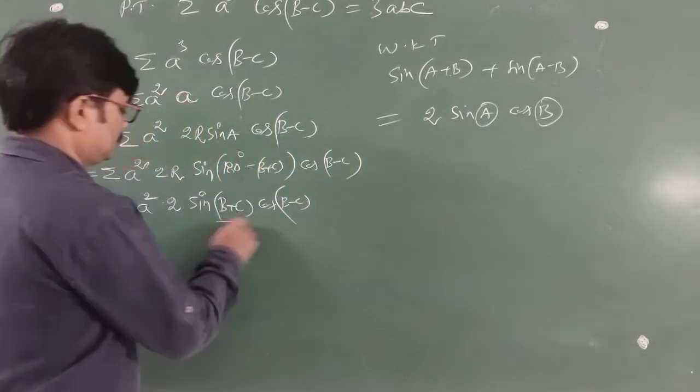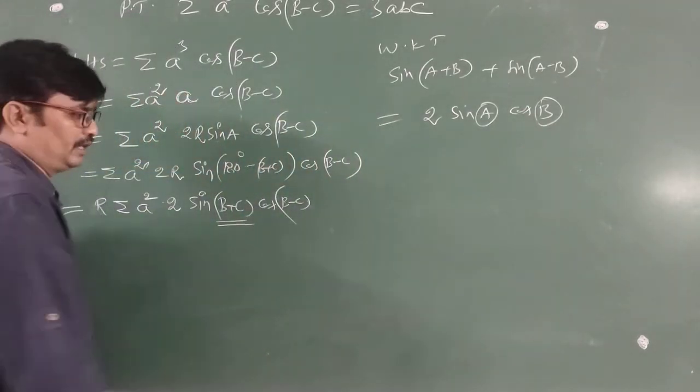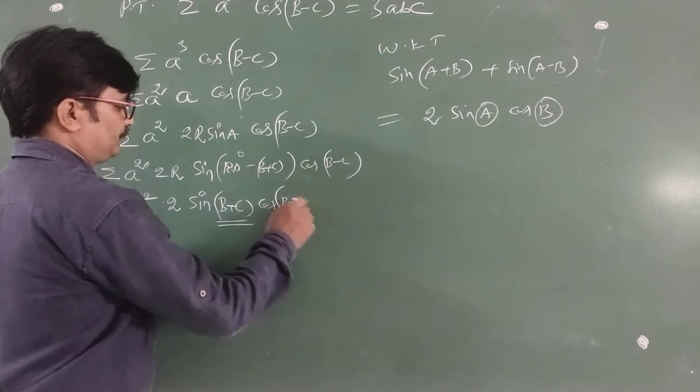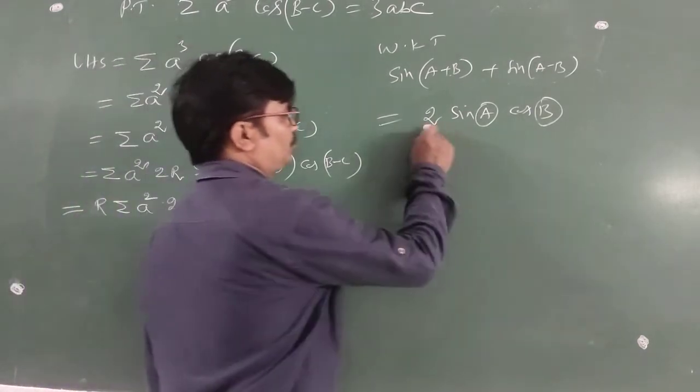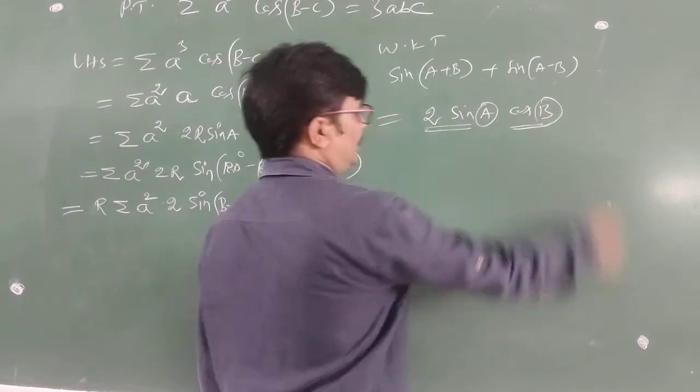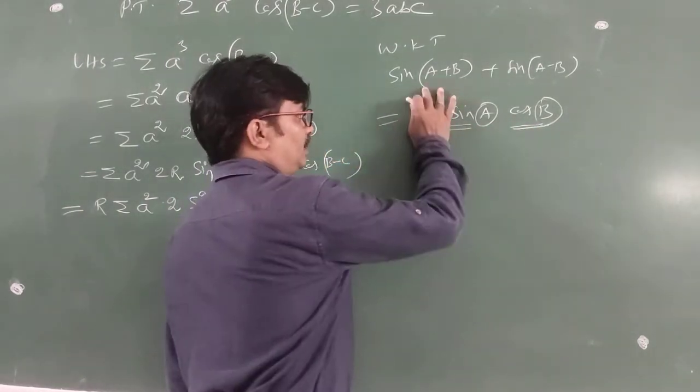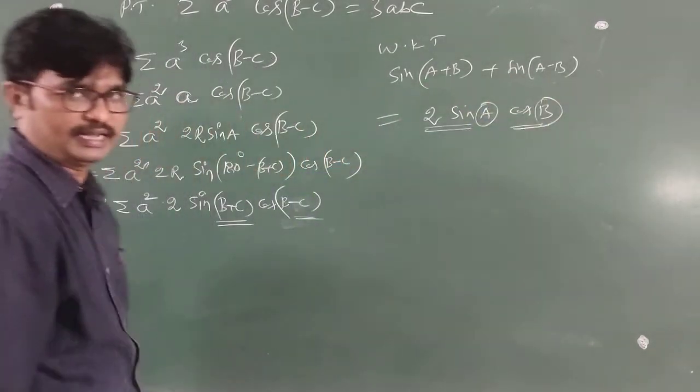So here B plus C we are taking as capital A, and B minus C we are taking as B. We have to compare with 2 sin A cos B, that is sin of (A plus B) plus sin of (A minus B).